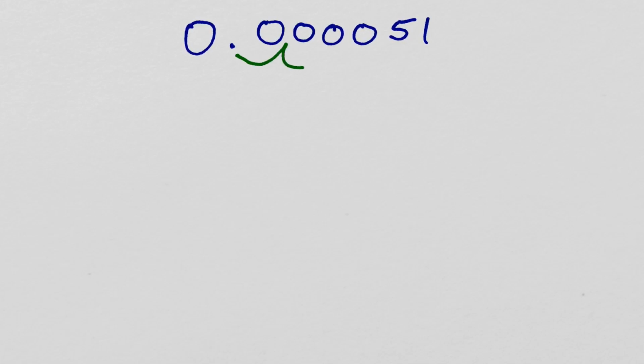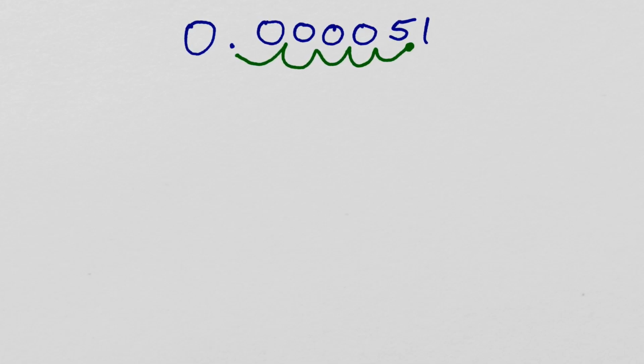Say we were given a small number to work with, like 0.000051. Well, if we're going to be doing math like this, our numbers are going to get very small very quickly. So what we do is we take the decimal place and we move it over to the first non-zero digit, right there.